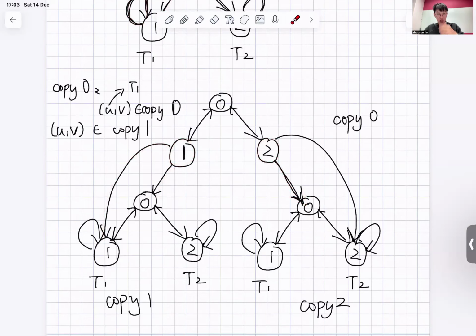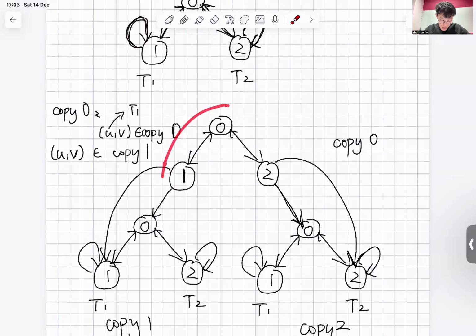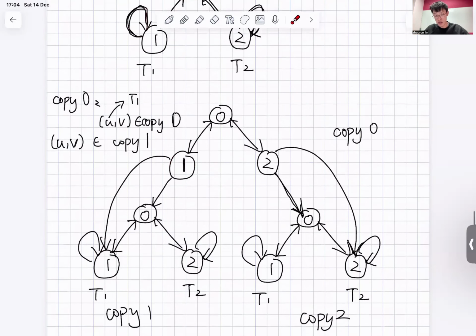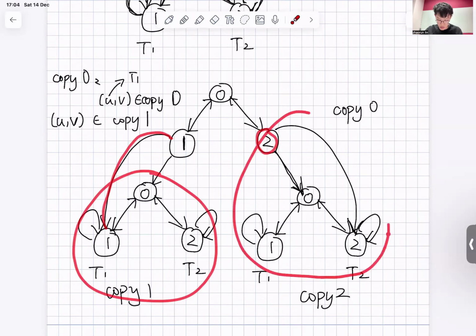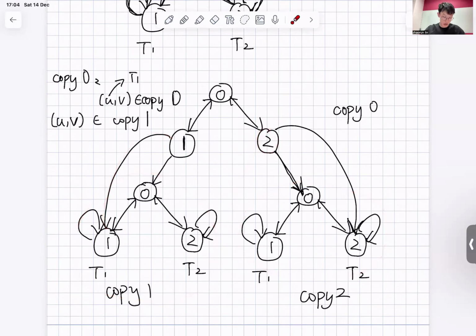In copy 0, it means that we haven't visited either a vertex in T1 or in T2. We have visited none of them. But as long as we visit one of them, we can take the edge to another copy, or from T2 to copy 2, and then start the game at this vertex in the other copy.